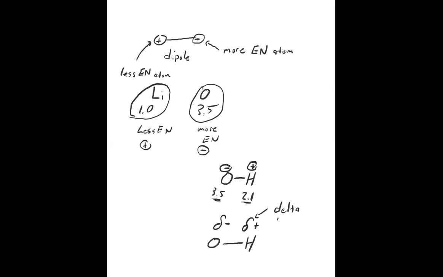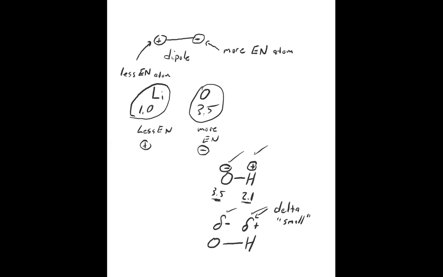And in this context, delta means small. It's used in calculus, actually. If you go on to take calculus, the symbol delta in this context is meant to be small, okay? So what that means is there's a small negative charge. It's not big. It's not -1 or -2. It's small, like -0.1 or -0.2 or -0.3. Okay, they're small charges. So sometimes you'll see it in this notation, sometimes you'll see it in this notation.